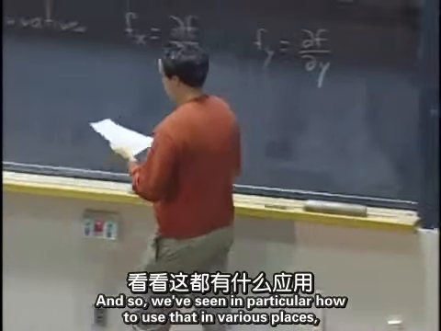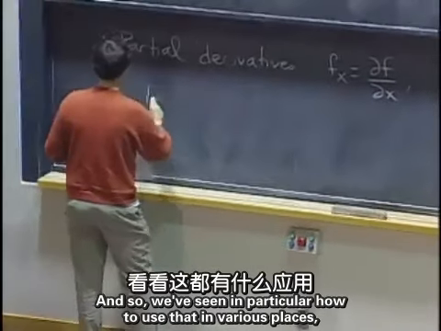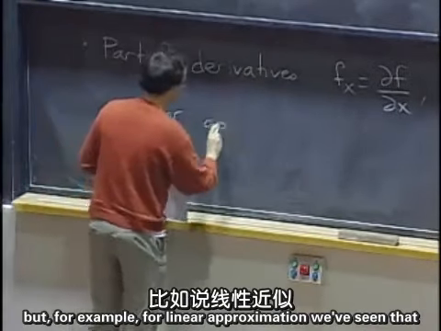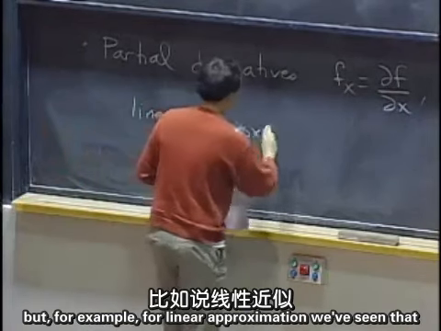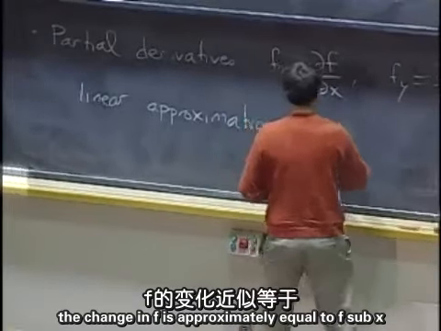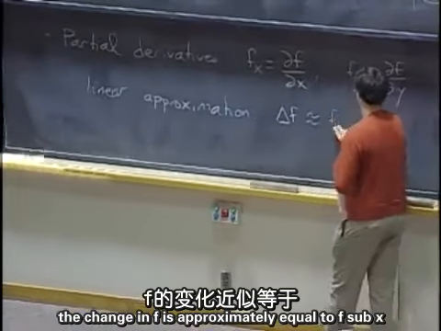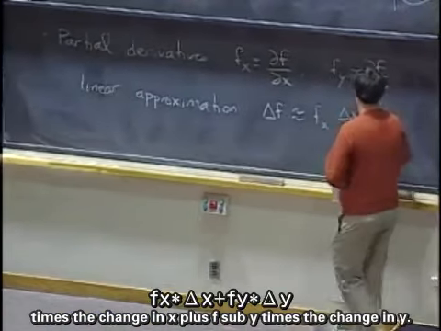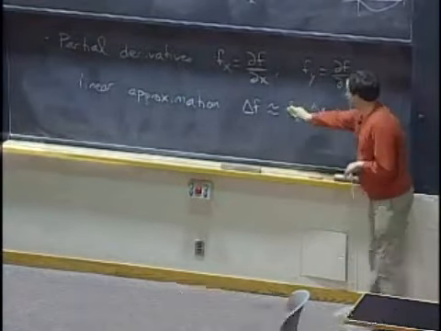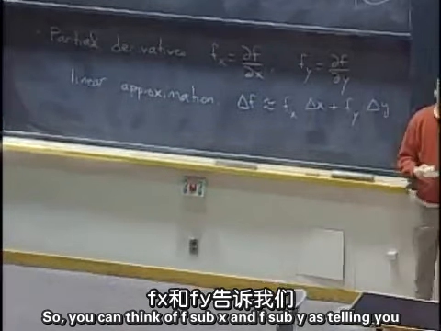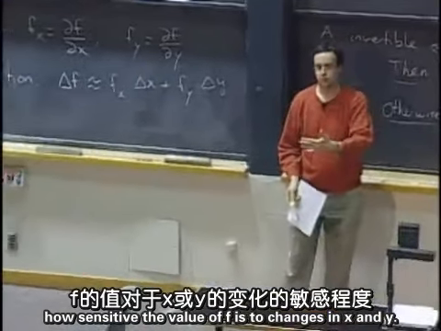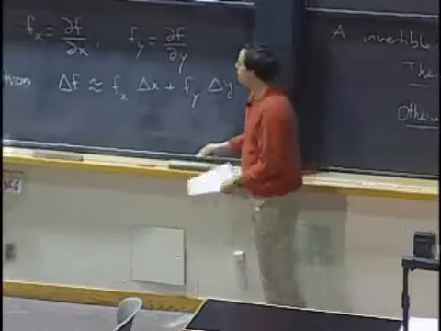And so we've seen in particular how to use that in various places, but for example, for linear approximation, we've seen that the change in f is approximately equal to f sub x times the change in x plus f sub y times the change in y. So you can think of f sub x and f sub y as telling you how sensitive the value of f is to changes in x and y.